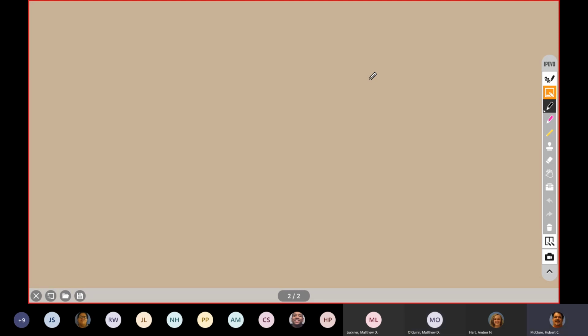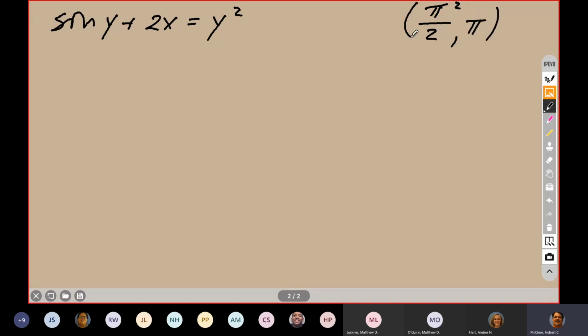All right, so we've got sine of y plus 2x is equal to y squared. And we've got the 2 points, pi squared over 2, comma pi. So that's just like 1, comma 2. So don't worry about that till later.